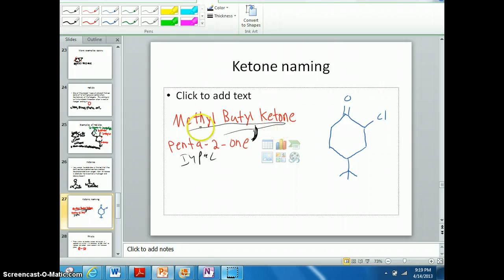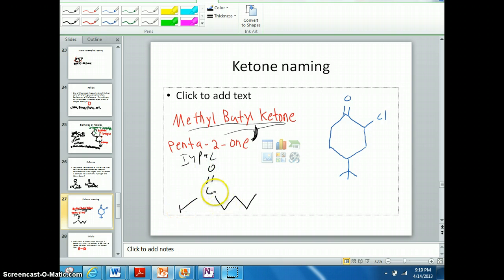So what this is saying is we have a methyl, which is just one, and then over here on the other side we have a butyl. So that is 1, 2, 3, 4, and in the middle we have our carbon right here, and this is attached to oxygen.